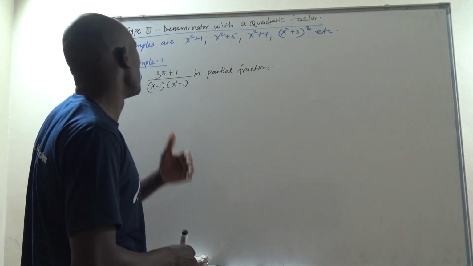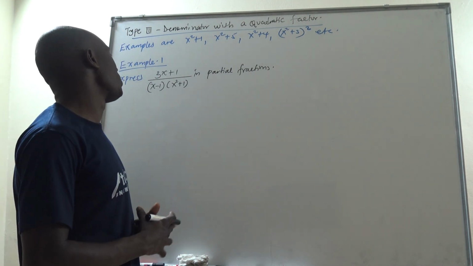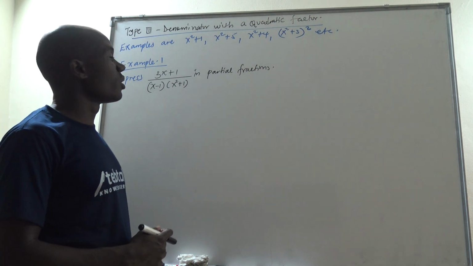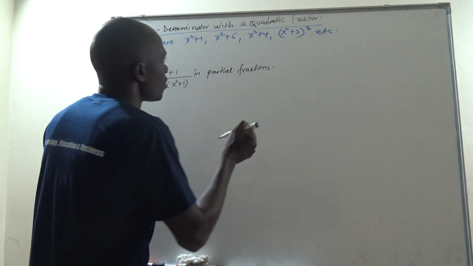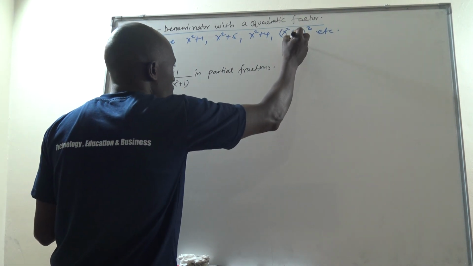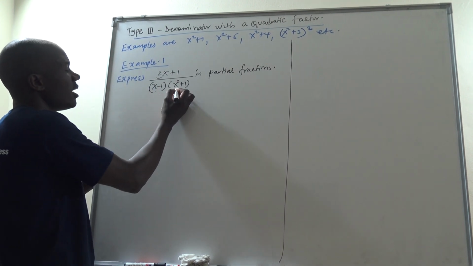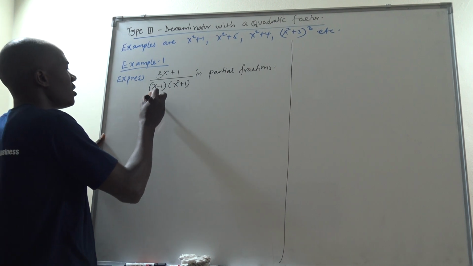Example 1: express 3x plus 1 all over x minus 1 into x squared plus 1 in partial fractions. Observe that the first factor is linear, but this one is a quadratic which has no factors.